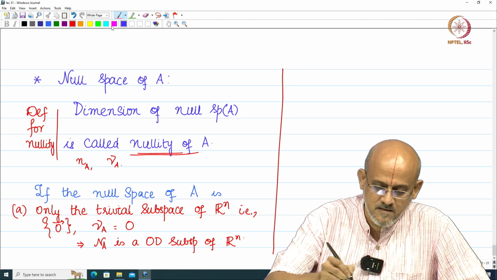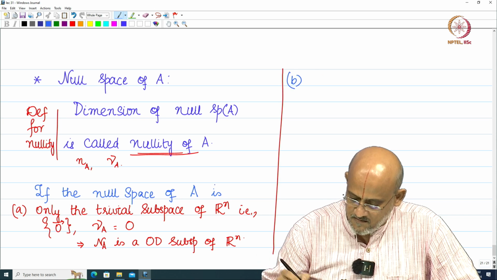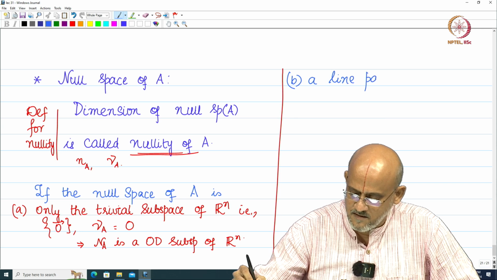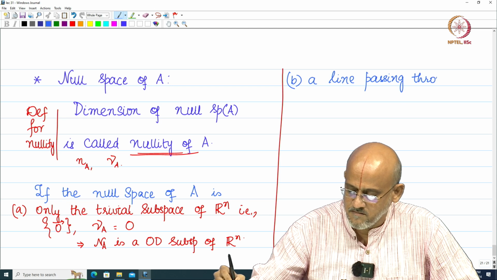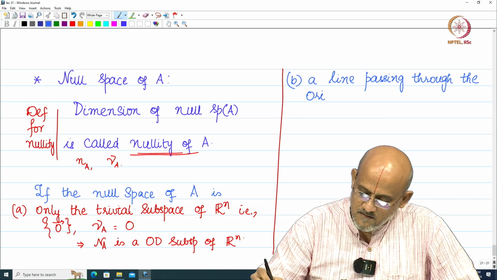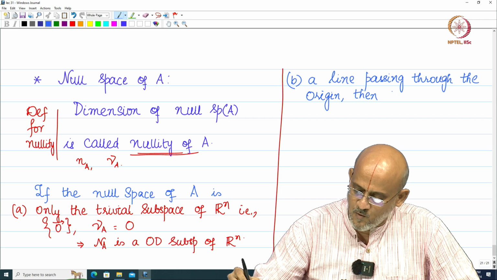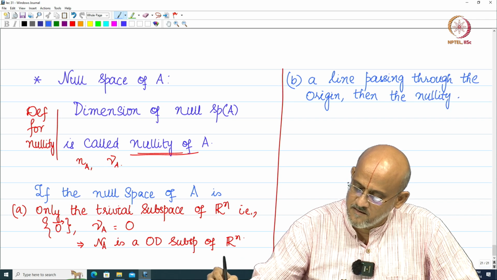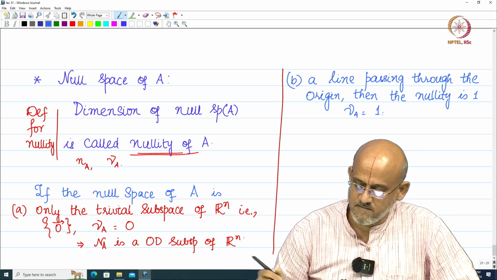The next one is basically this: a line passing through the origin. If the null space is a line passing through the origin, then the nullity is 1, that means nu A is equal to 1.